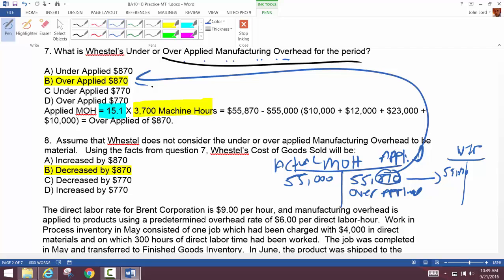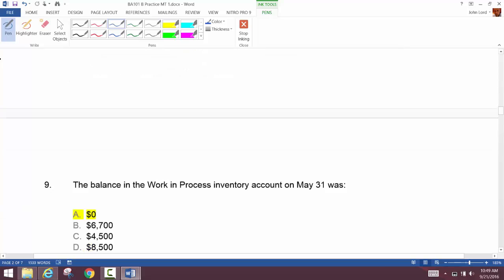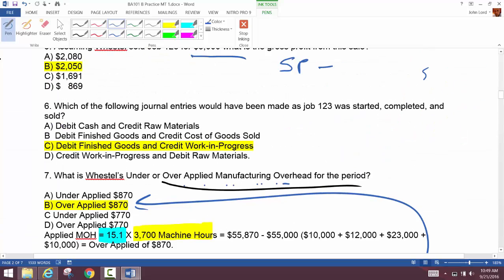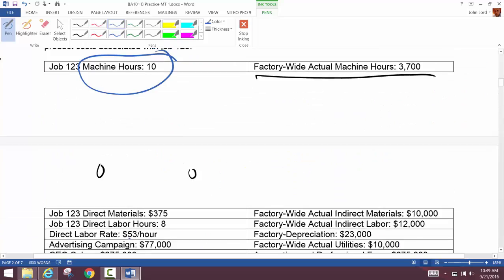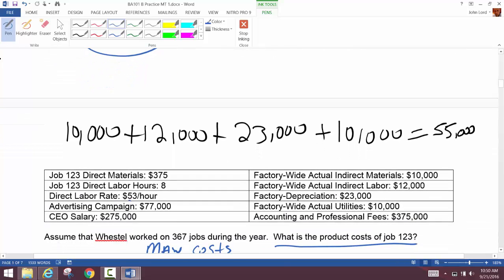So what happens? Going back to my little table of overhead costs, I had factory-wide actual indirect cost of 10,000, and I'm going to put that into my manufacturing overhead.